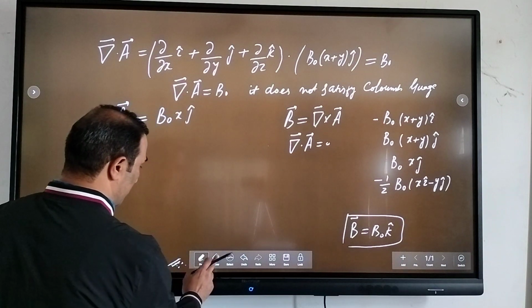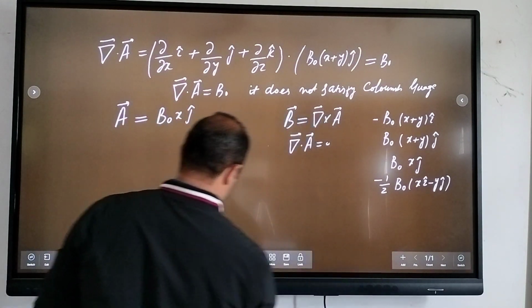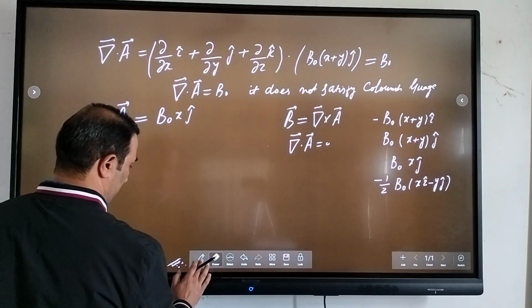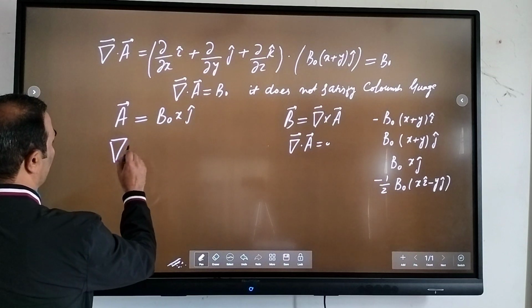So let's calculate now what will be the curl of that vector potential.